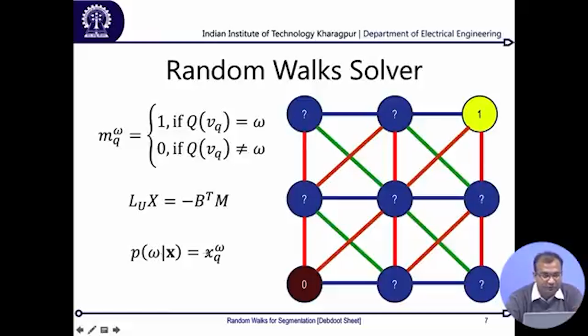So now, once we have this probability obtained for each class, the next point is that you will get your class label as the argmax over all of these probabilities, as per the earlier slides which we had seen.